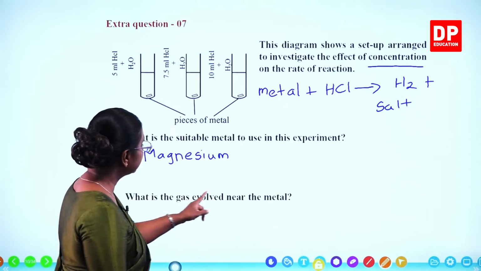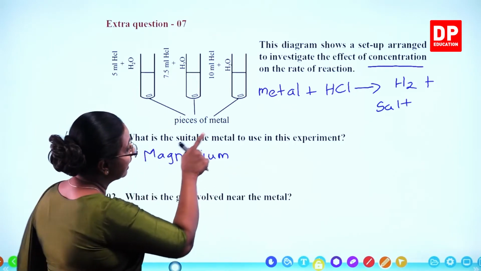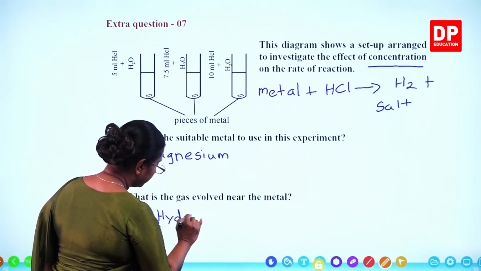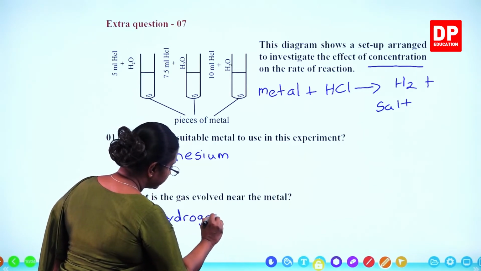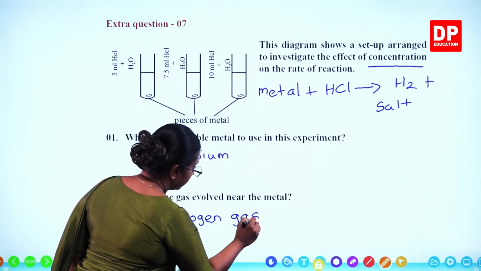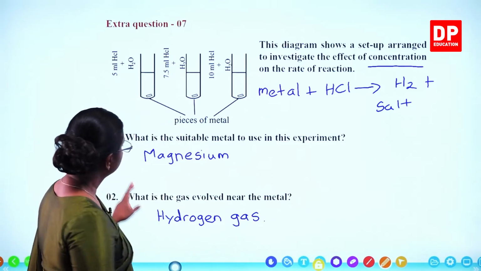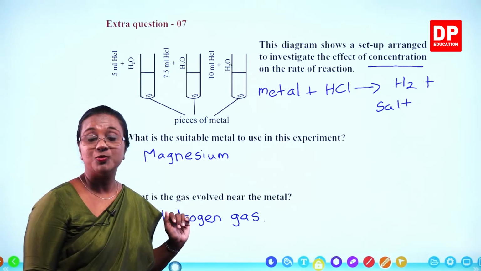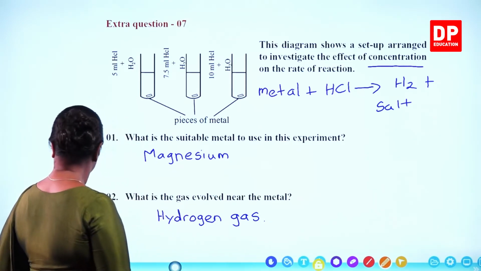So what is the gas evolved near the metal? That is hydrogen gas. So, 2 questions related to this activity. With that, I will move on to the next one.